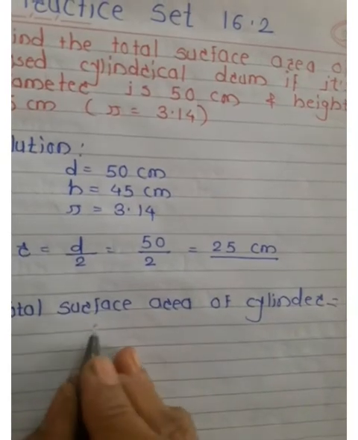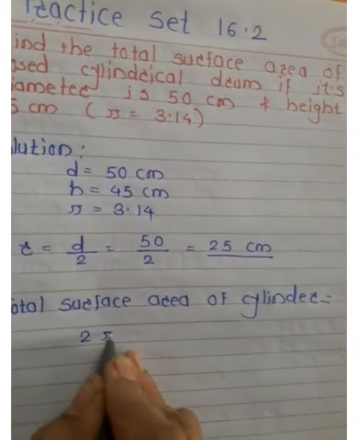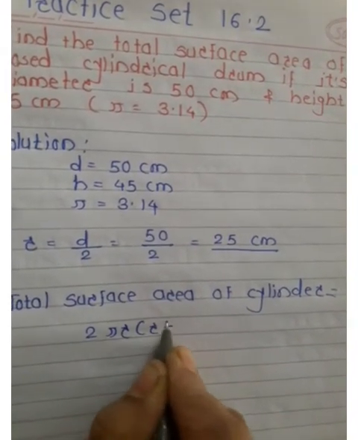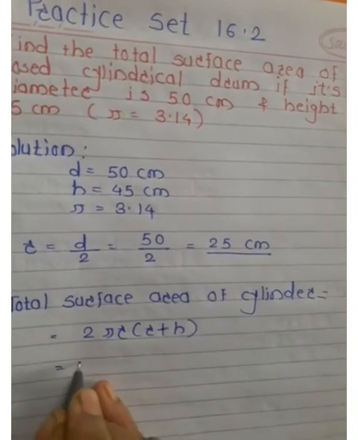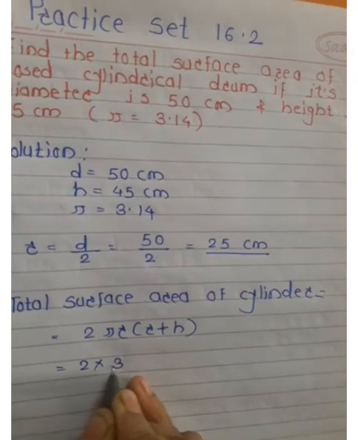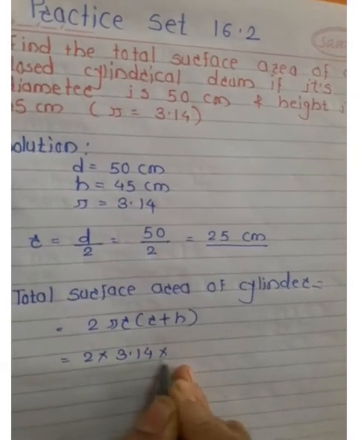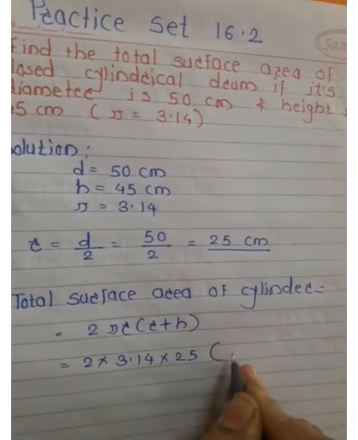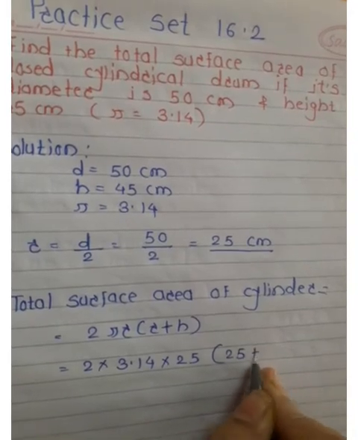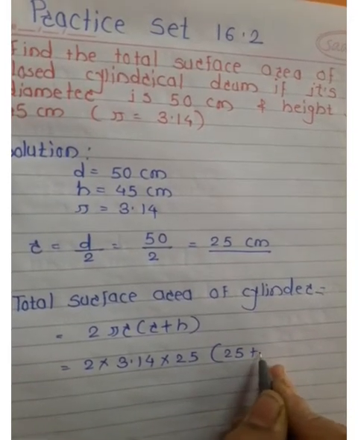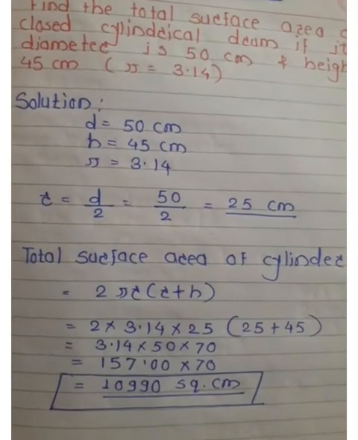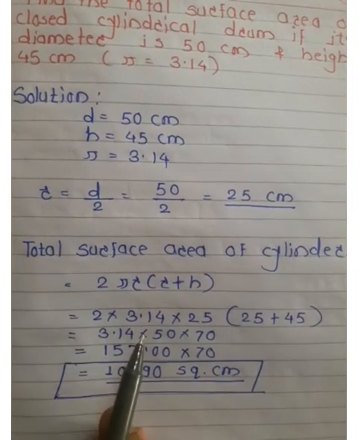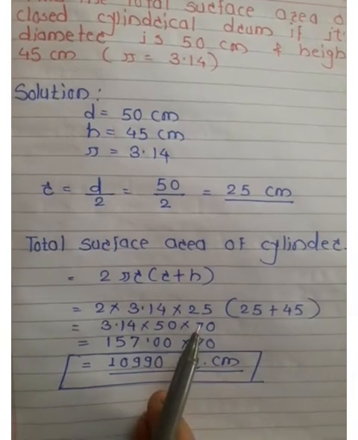is equal to 2 pi r in bracket r plus h, is equal to 2 into pi, means 3.14, into radius 25 plus height, which is given, that is 45 centimeter. Okay, 3.14 into 50 into 70.